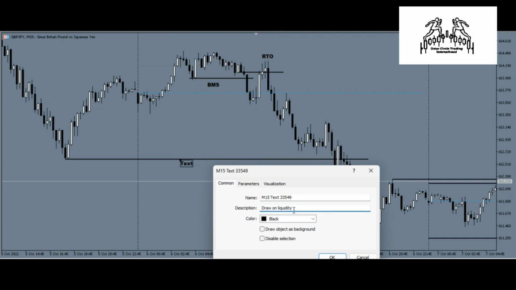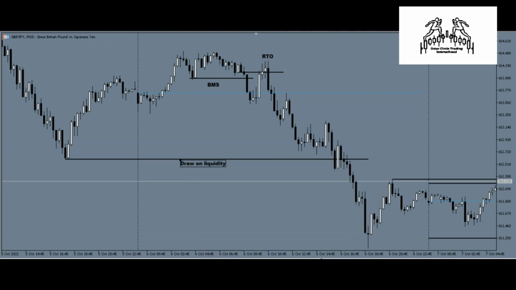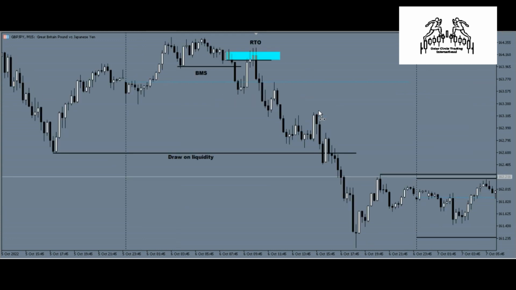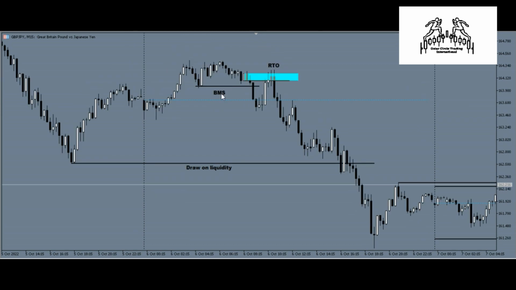This is where you'll be taking your profit. This is where you are targeting price to go. So this is how we framed our trade. You can see now.